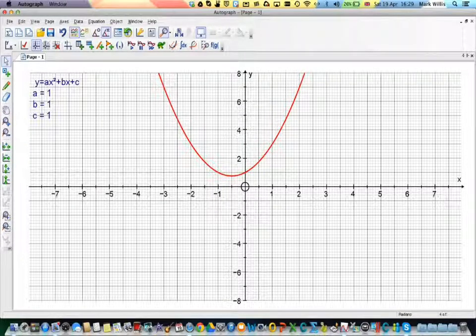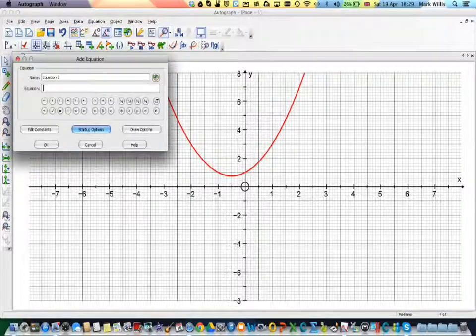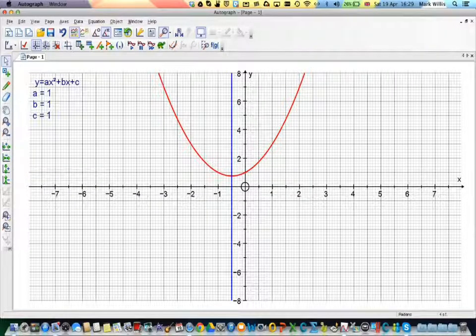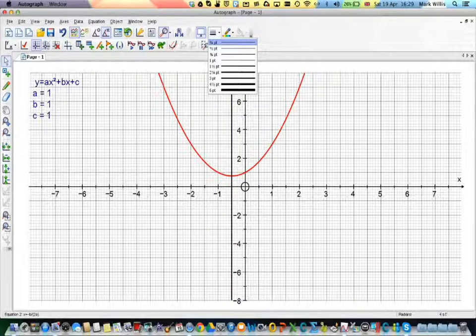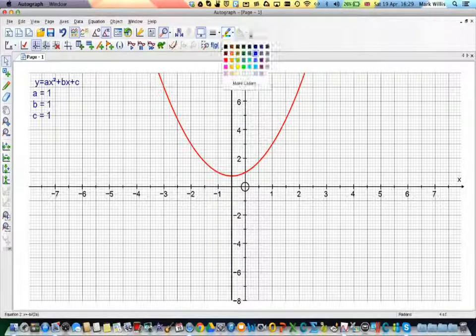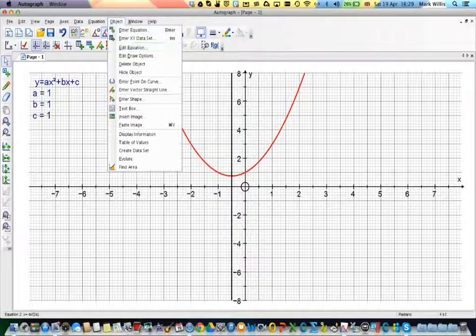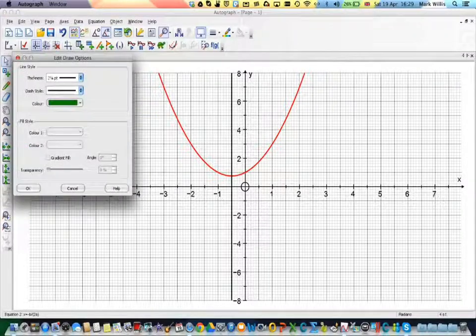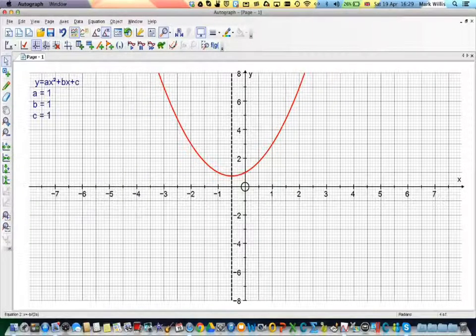Okay, and let's also draw this one on as well. So x is equal to minus b divided by 2a. It gives me that one there. Just going to change that to a green graph, and change the draw options to dash style.